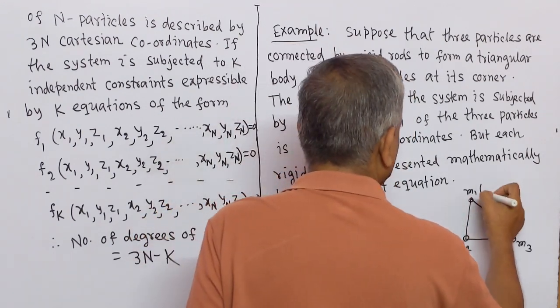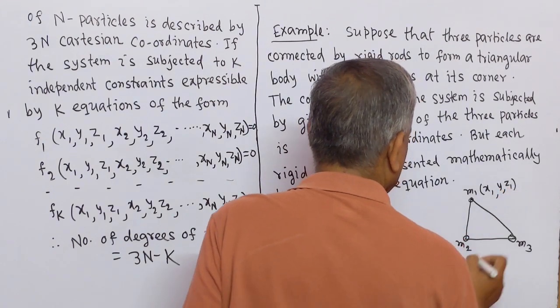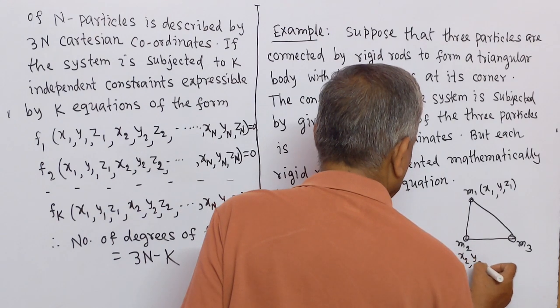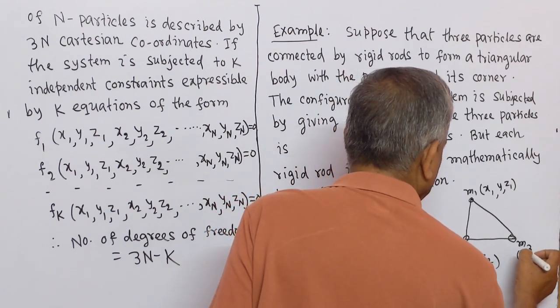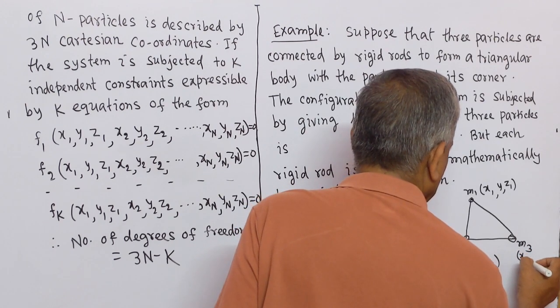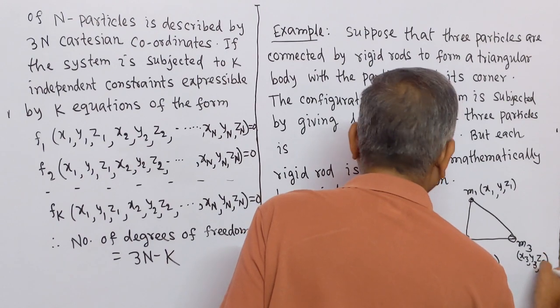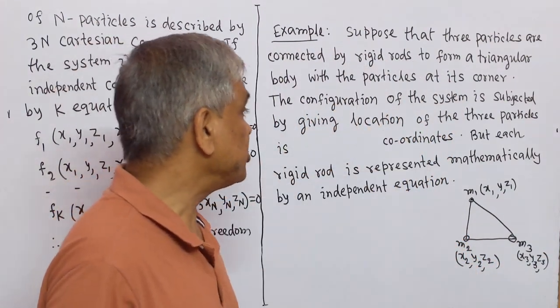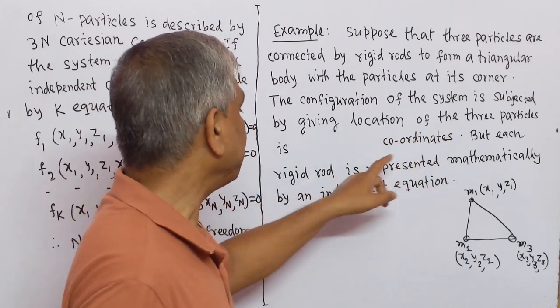Let the coordinates of M1 be x1, y1, z1, the coordinates of M2 be x2, y2, z2, and the coordinates of M3 be x3, y3, z3. Here the configuration of the system is described by giving the location of three particles.